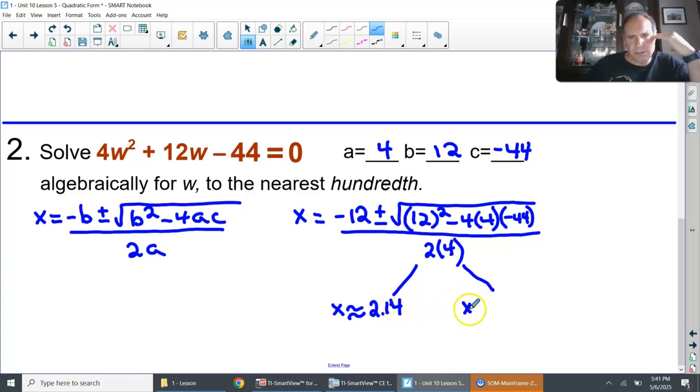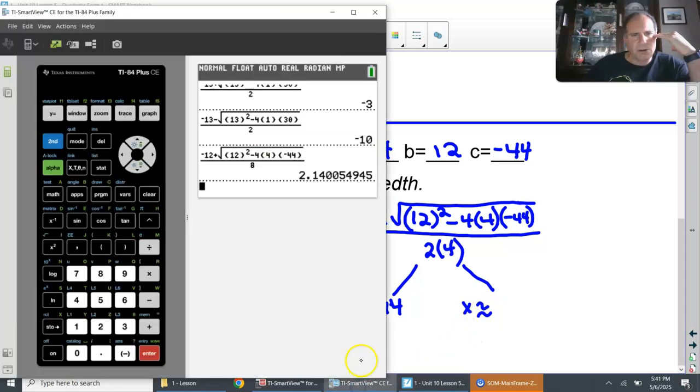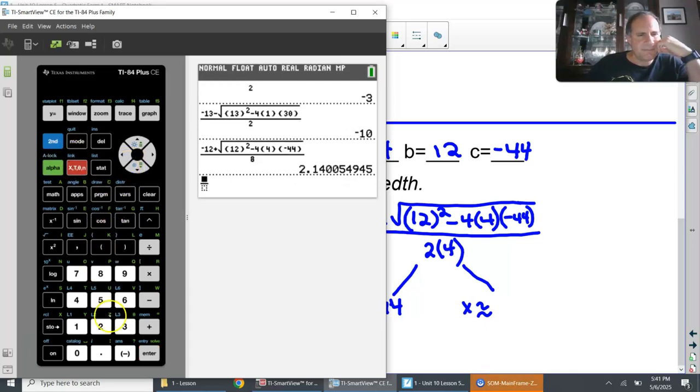So this side is going to be rounded to the nearest hundredth as well. We're going to go to this right here, and we're going to just press alpha x. Again, negative 12, the minus 1 now.